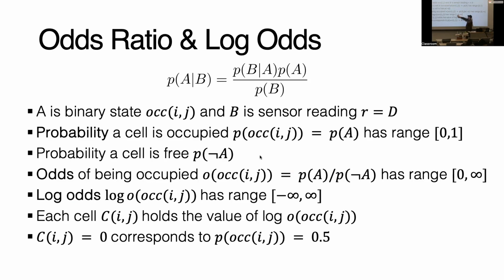So the odds of it being occupied is the probability of A divided by the probability of not A. And this is going to have a range from 0 to infinity, right?